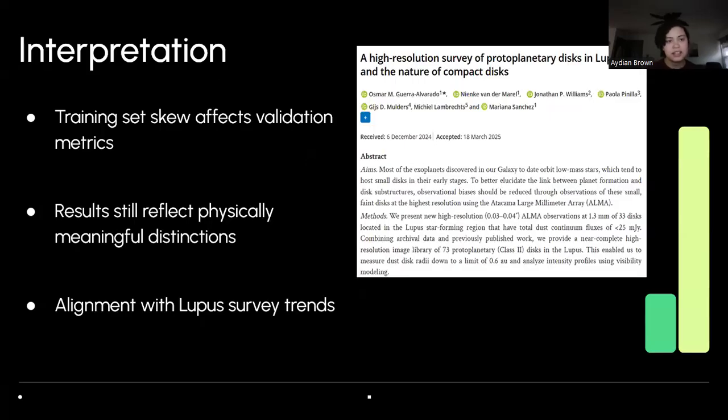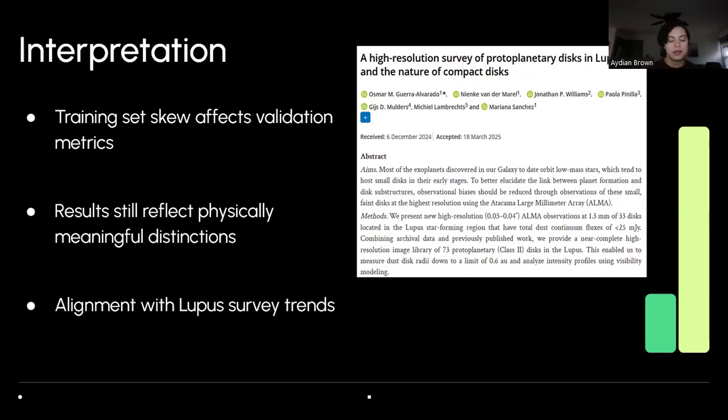Interpreting these results, the high validation accuracy should be contextualized. With only 4 disks in the training set, there's a large potential for overfitting and sensitivity to which disks are included. Despite this, the model's predictions aligned with the observed trends in larger surveys, again, like the Lupus survey, and class 1 disks dominated both the data sets as well as surveys like Lupus.